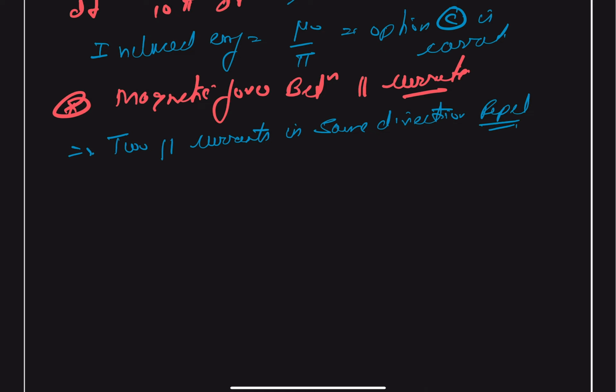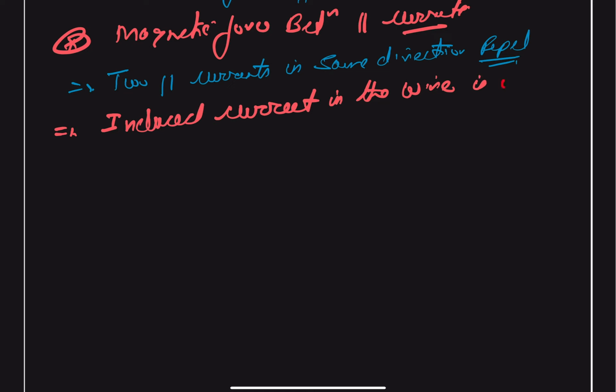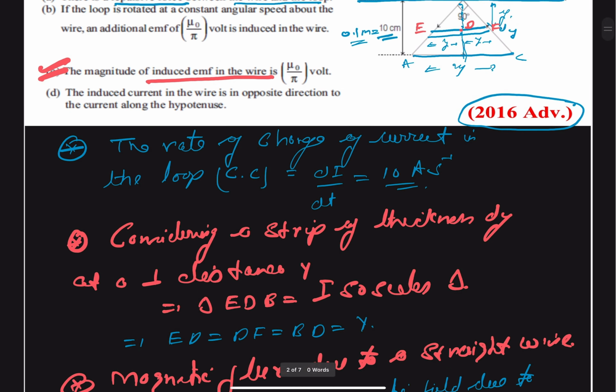And the induced current in the wire is in the same direction as the current in the hypotenuse. So you can say induced current in the wire is in same direction as the hypotenuse, and that hypotenuse, as per figure, is our AC.